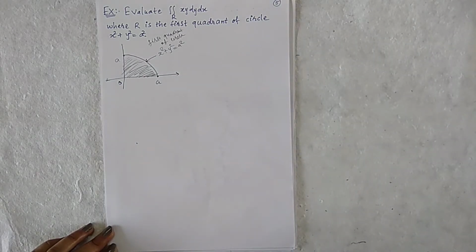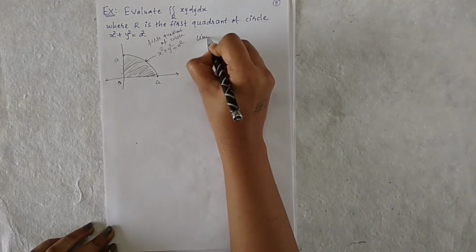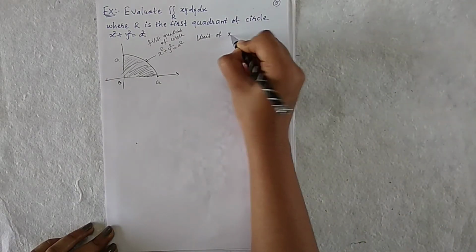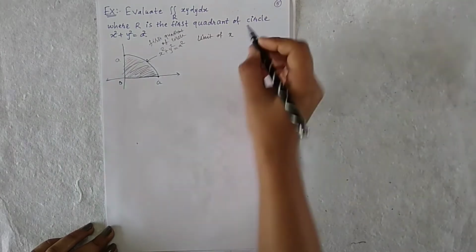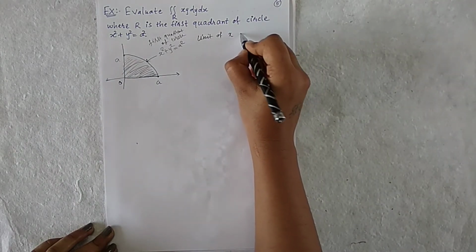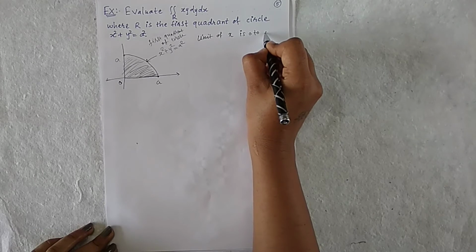Okay, if we describe the limits, the limit of x is 0 to a.